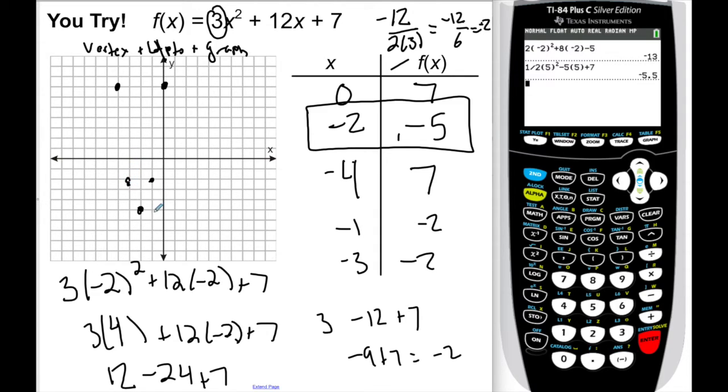So notice it's going up by 3. Then it's going up by 9. So notice this is going up by 3 times 2, which is 6.